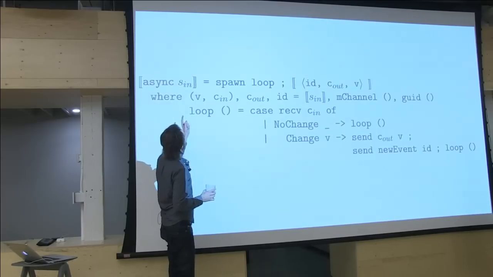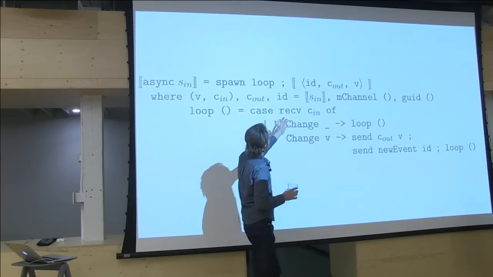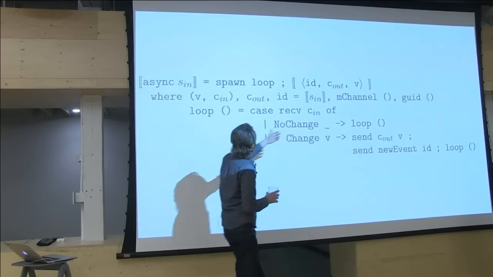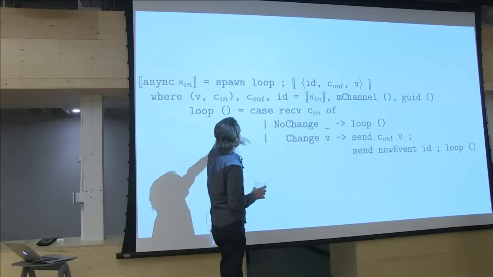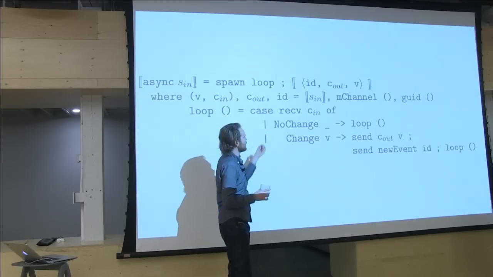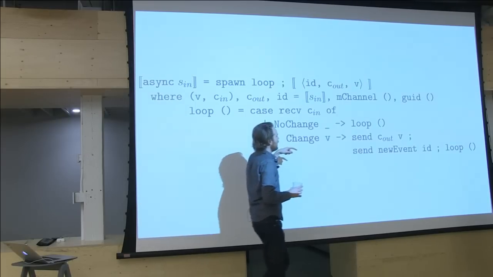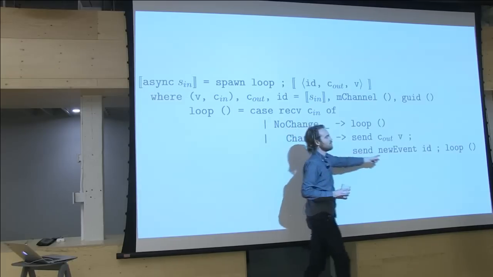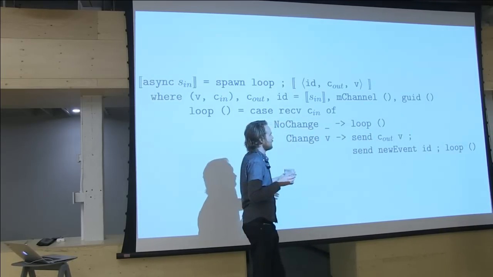So it's going to make a multicast channel. It's going to loop over getting every value it gets from the original signal, and new events is like a global from before.